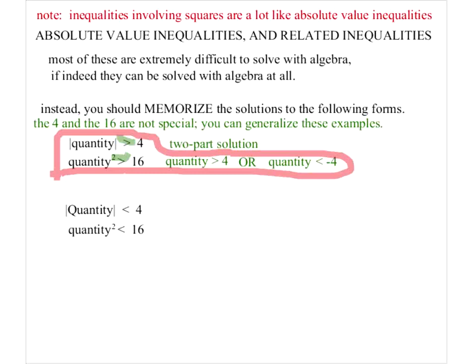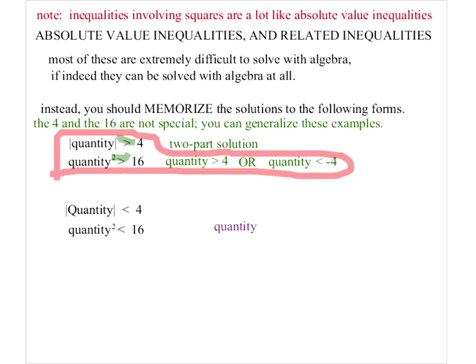Another one that you should know, if you have a less than, what's the solution to this one? Text box. Yeah, okay, you got it in the text box there. In this case, quantity, it's not a two-part solution anymore.